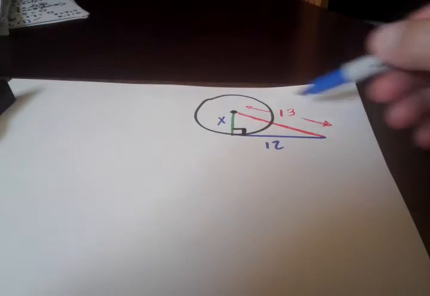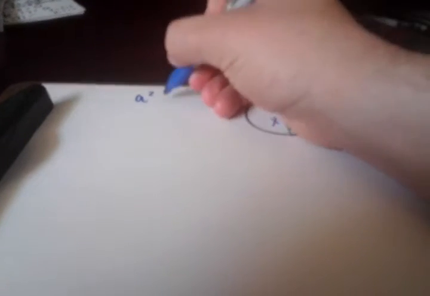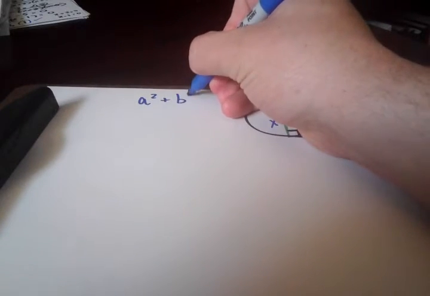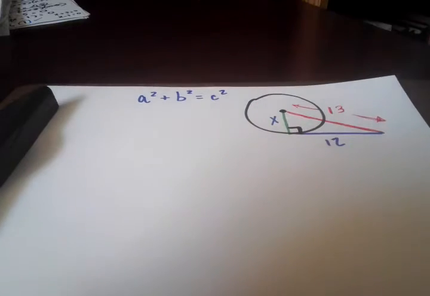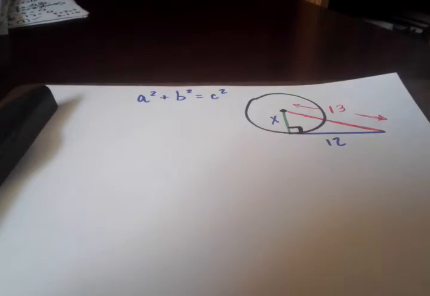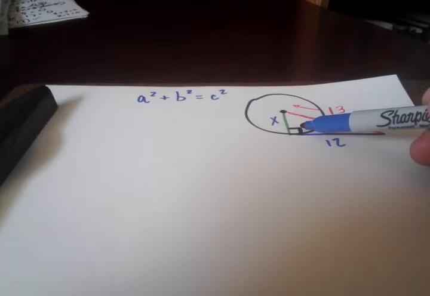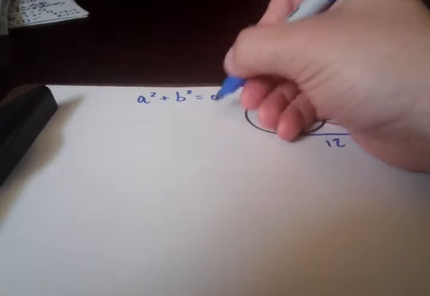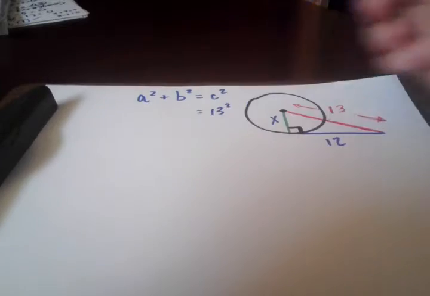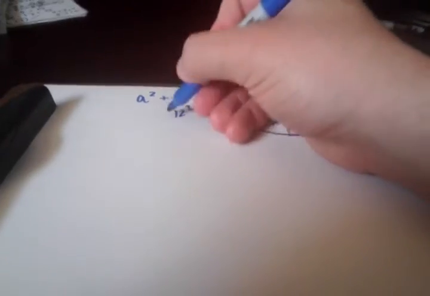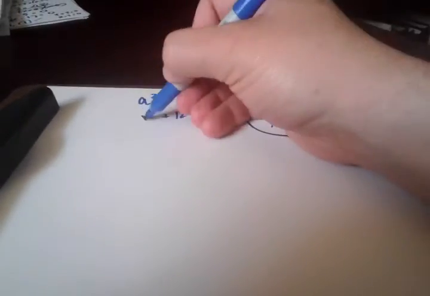So the way we find x, if you haven't already guessed, is using the Pythagorean theorem, which is a squared plus b squared equals c squared. Reminder that c squared is the hypotenuse, and the hypotenuse is opposite of the right angle. Okay, so 13 squared, b squared is 12 squared, and since we don't know what a is, we'll just keep it as x.